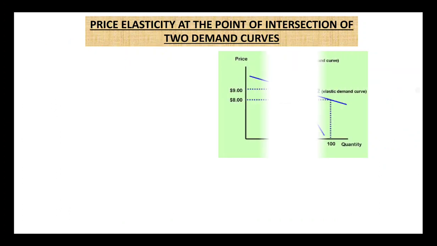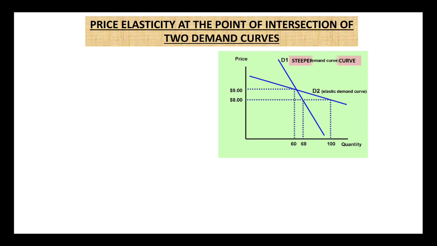Again, very very important, it's a HOTS question, generally asked under a 6 marker: price elasticity at the point of intersection of two demand curves, right? So D1 over here is your steeper demand curve with less elastic demand. We just studied that less elastic demand has a steeper slope. Then we have a more than unit elastic demand curve, denoted by D2, and it is a flatter demand curve, right?